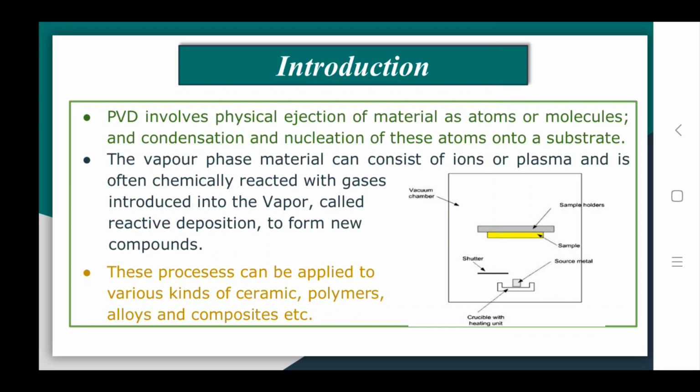Okay, so the vapor phase material can consist of ions or plasma, and is often chemically reacted with the gases which are introduced into the vapor, called reactive deposition, to form a new compound. So from this we can understand that whatever gas we introduce, it may react with the ions or molecules, or it may simply be inert and help the homogeneous coating of that material onto the substrate itself.